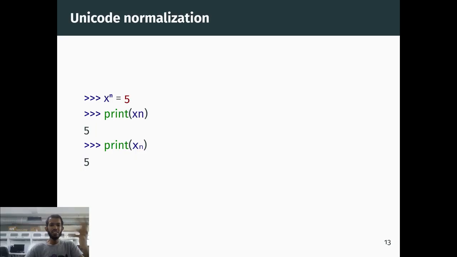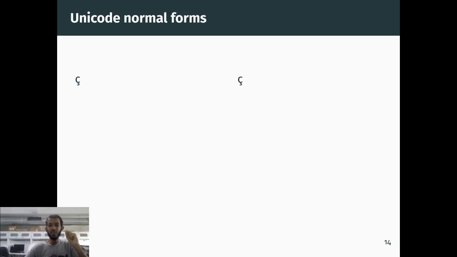So why is this normalization necessary? Well, we'll explain that with an example. Consider these 2 characters. They are one and the same, as Unicode considers them equivalent, because Unicode has multiple different ways of writing the same character. So these 2 characters may look the same, and they are effectively considered the same, but they consist of different numbers of Unicode code points.